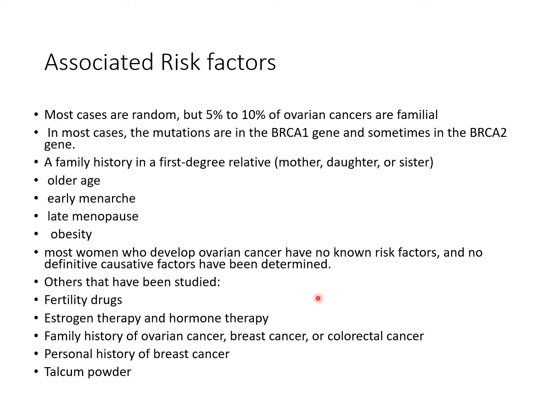They've implicated fertility drugs, estrogen therapy and hormonal therapy, familial history of ovarian cancer, breast cancer, or colorectal cancer, personal history of breast cancer, and even things like talcum powder. You can look at the notes underneath this slide to see why they're thinking that these are implicated. Just know that they are out there.